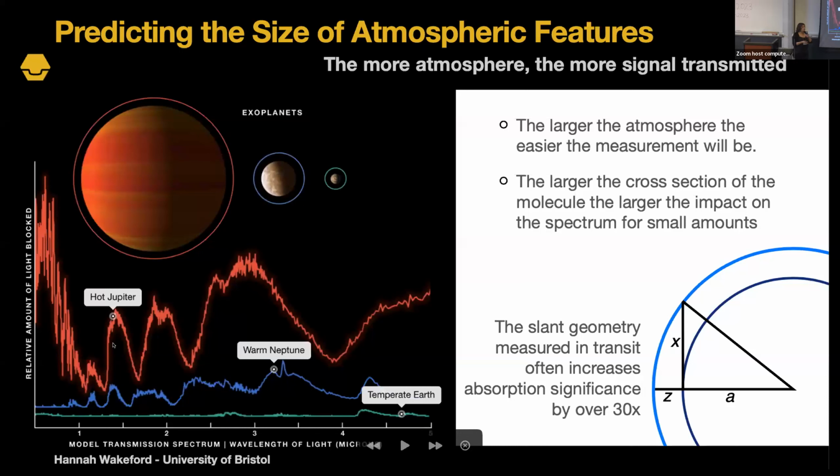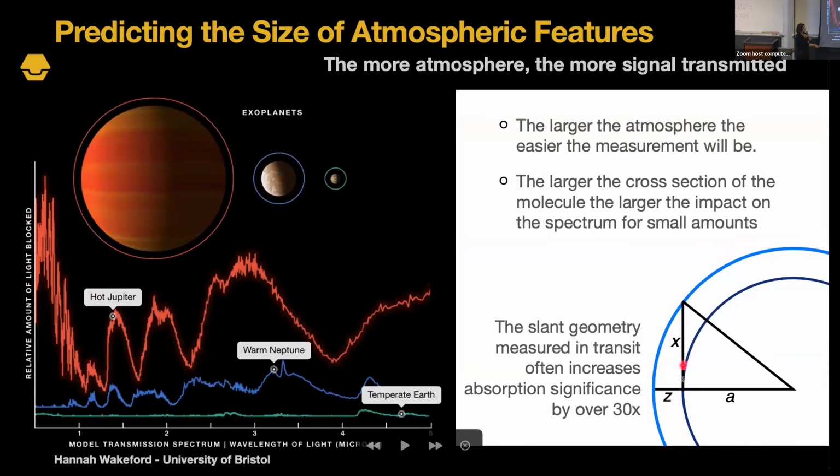And what we're critically doing in transmission spectroscopy, rather than looking at emission, so light directly from those planets like we see in direct imaging, or in emission spectroscopy, which we'll see in the next talk, is we're looking at what we call slant geometries. We are looking through a slice of that planet's atmosphere. So rather than looking normal to the planet's atmosphere, seeing through this column, we're looking through an entire slice of that planet's atmosphere up to a certain pressure level in that atmosphere.